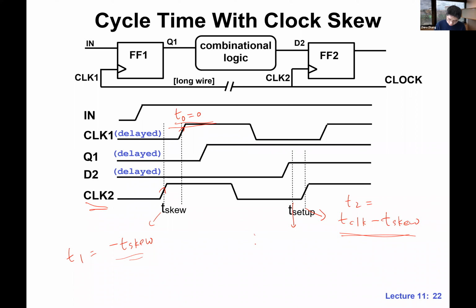And of course, the deadline now is this point, right? We have the setup time constraint. Deadline is T2 minus T setup. T2 is here, which is T clock minus T skew minus T setup.